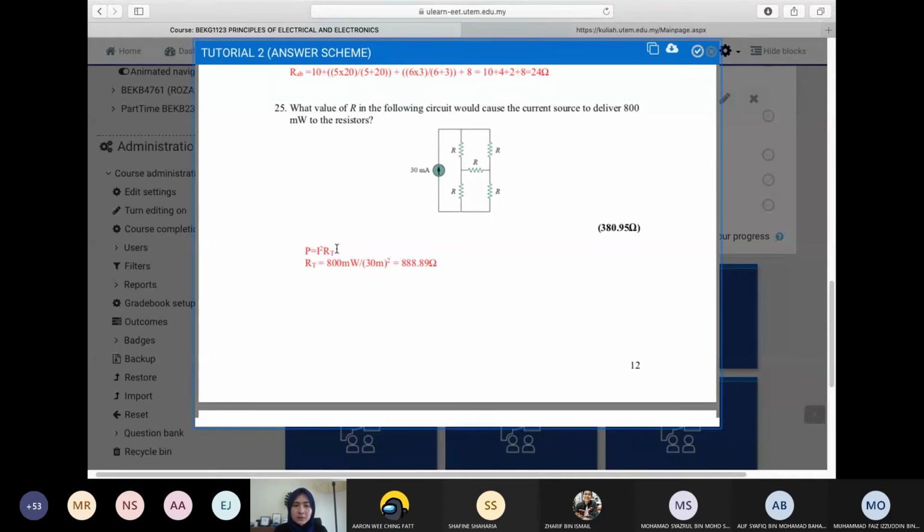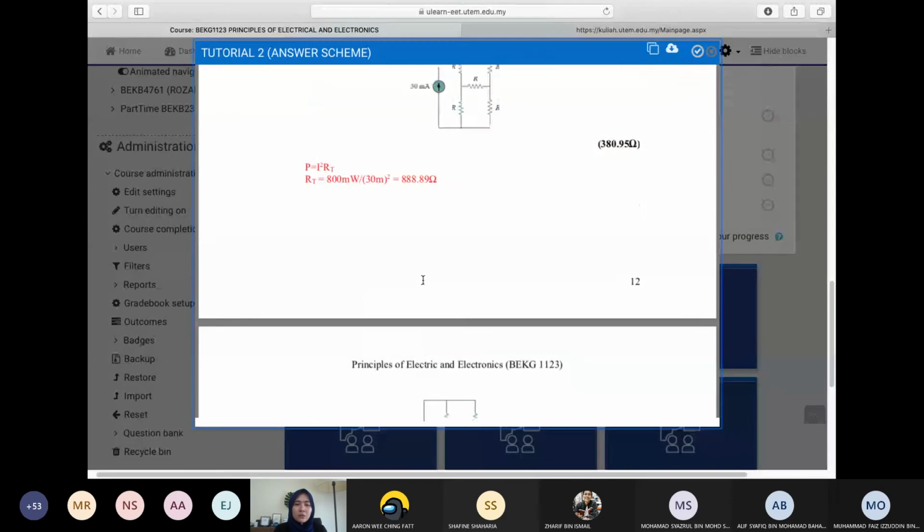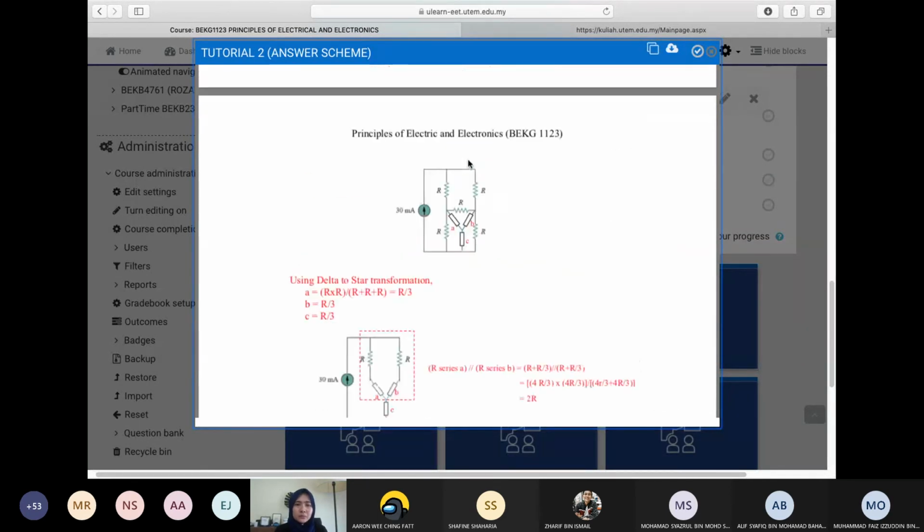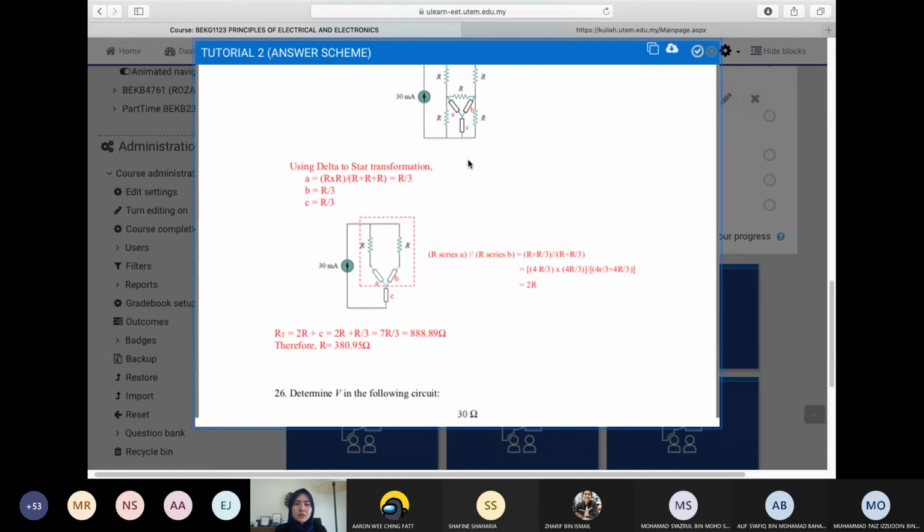The R equivalent for this resistor is 888.89. For this circuit, remember, this is not a series circuit, this is not a parallel circuit, so you need to use the Y delta transformation.